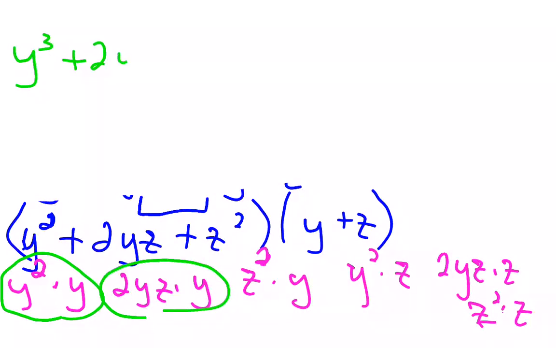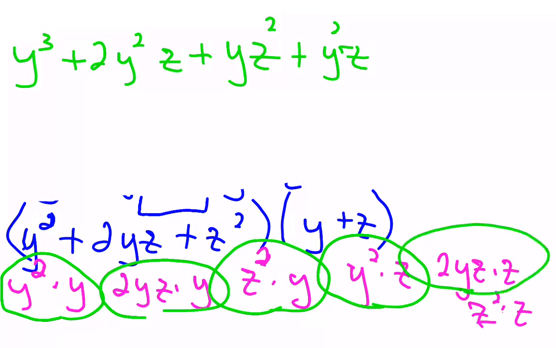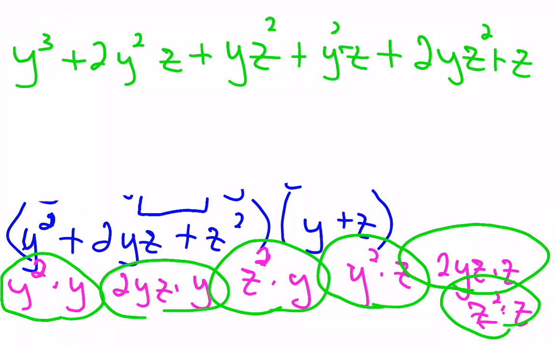So we have a 2y squared z. z squared times y is a yz squared. y squared times z is a y squared z. 2yz times z. So again, the z's combine, so we have 2yz squared. And then z squared times z is a z cubed.